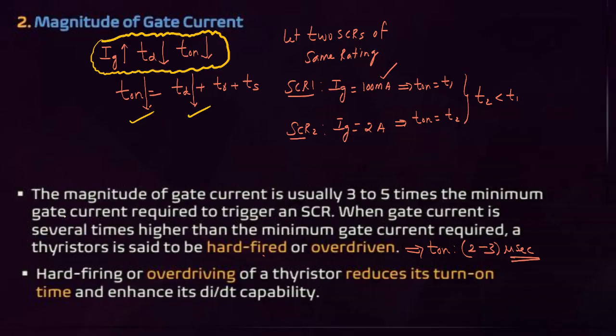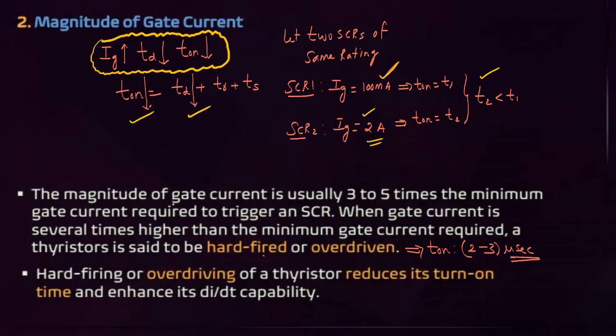But point to remember, students: for example, two SCRs of the same rating, one SCR is designed for a gate current of 100 milliampere, the other SCR is designed for a gate current of 2 amperes. Which has the less turn-on time? The SCR which is triggered with high gate current has the less turn-on time.